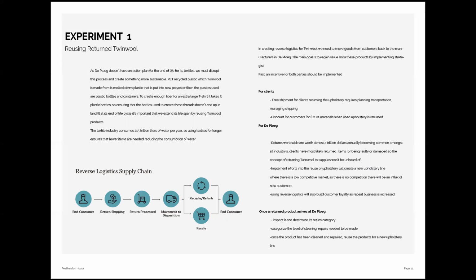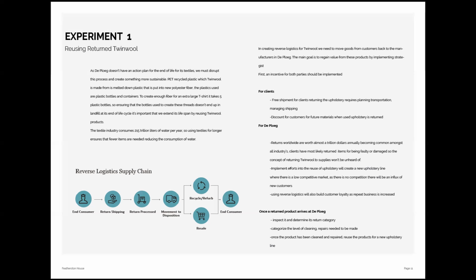And then for the company, the blog, I can't really say the name, says returns worldwide are worth almost $1 trillion annually. So there's money definitely there within returns. Implementing efforts into reuse of upholstery will create a new upholstery line, which is a benefit for them as well.